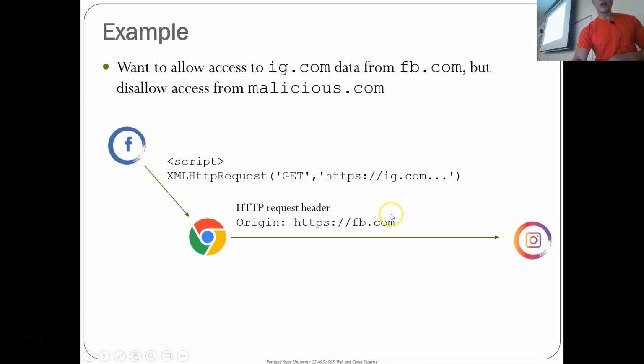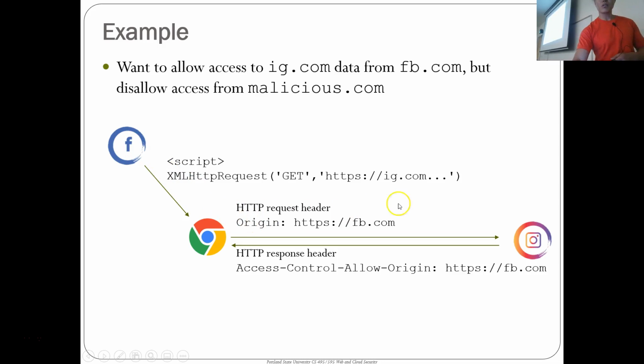The browser says, I'm going to access Instagram. The origin is Facebook. And then as part of the response, Instagram says, you can allow this cross-origin request only if you're on Facebook.com. And of course, the browser's like, I am on Facebook.com. This is all good. Then it will basically allow full access on that page.